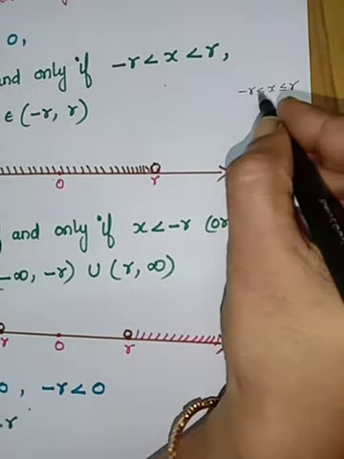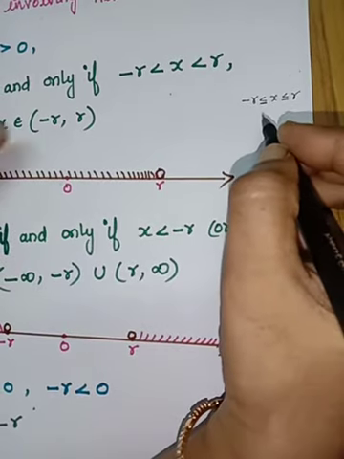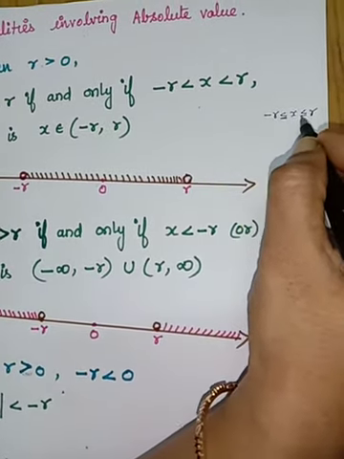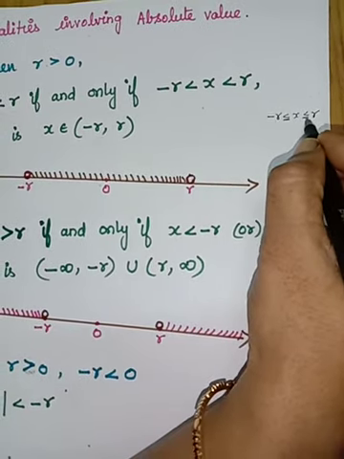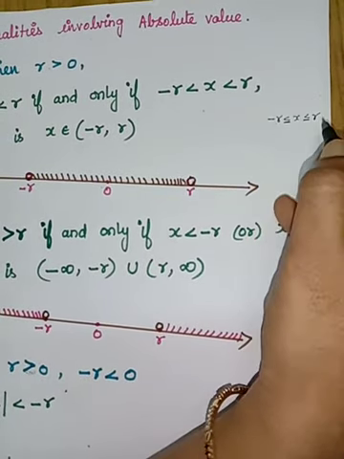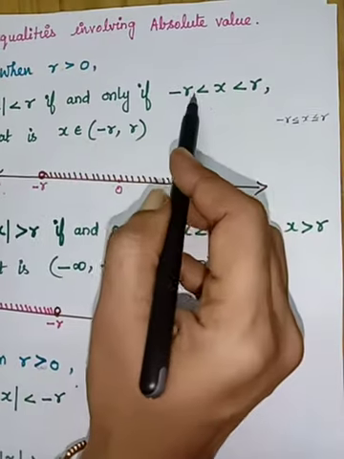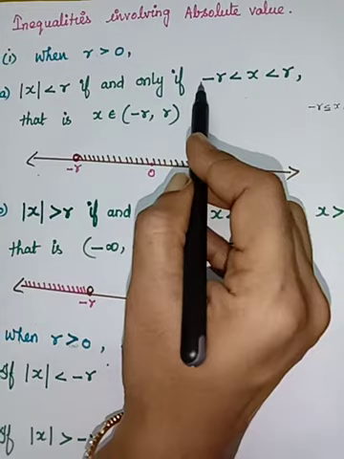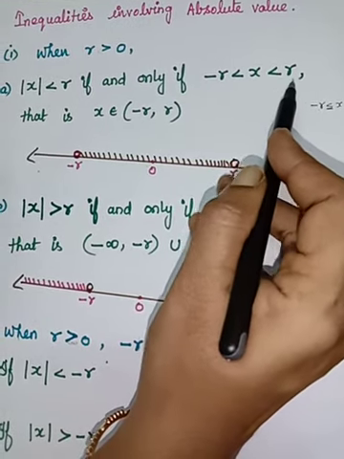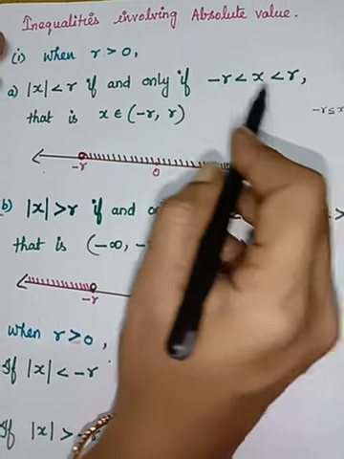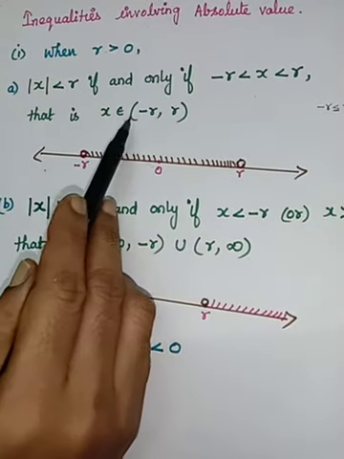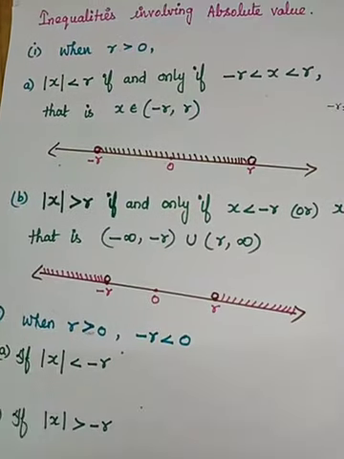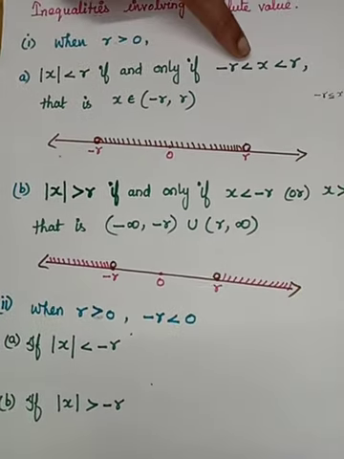If you have an equal symbol, it means this minus r is included, and if you have an equal symbol here, this plus r is included. But here the equal symbol is not there. So minus r is not included and plus r is not included. If it is not included, you have to use the open interval. So see that this result is very, very important for you.